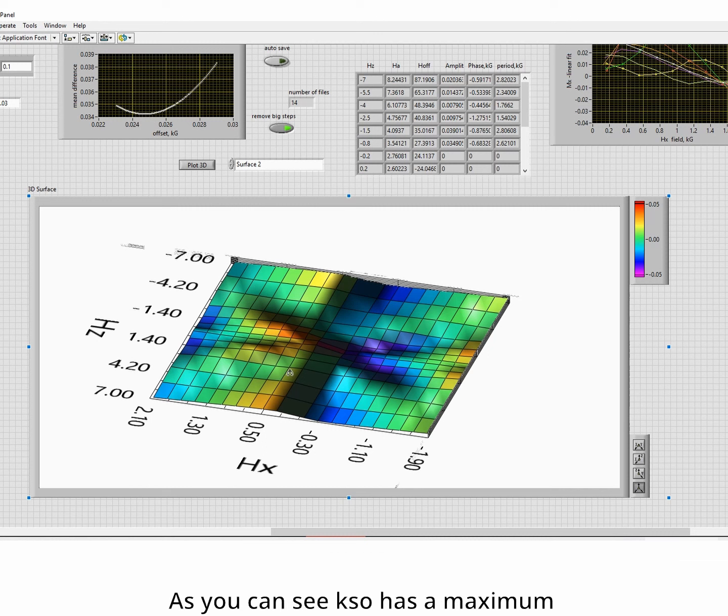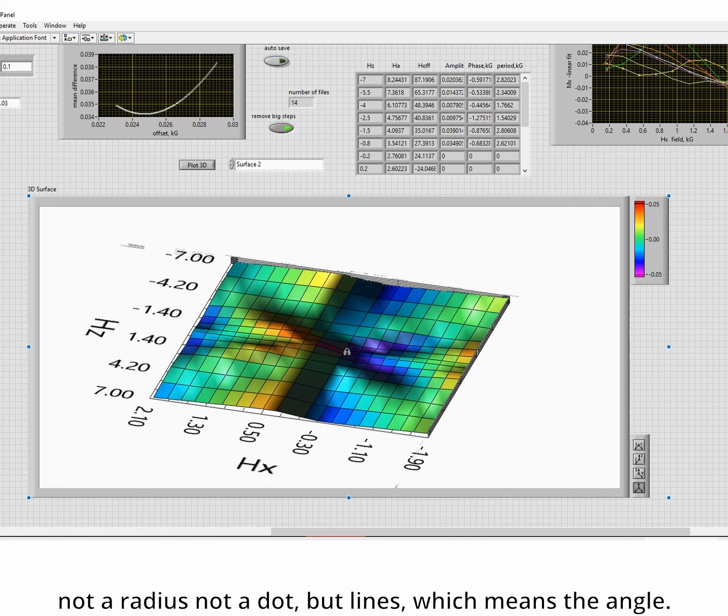As you can see, the coefficient of spin-orbit interaction has a maximum at a specific angle of the applied magnetic field. The shape of the peak values are lines, not a radius, not a dot, but lines, which means the angle.